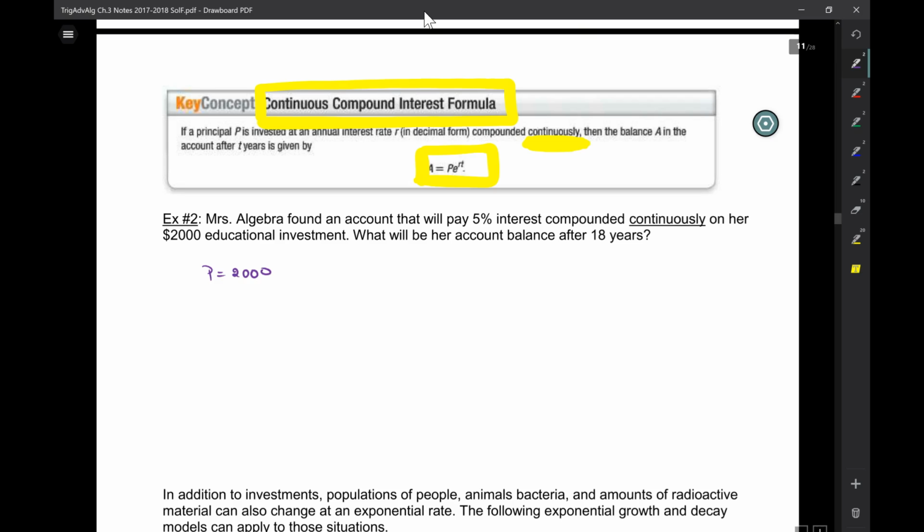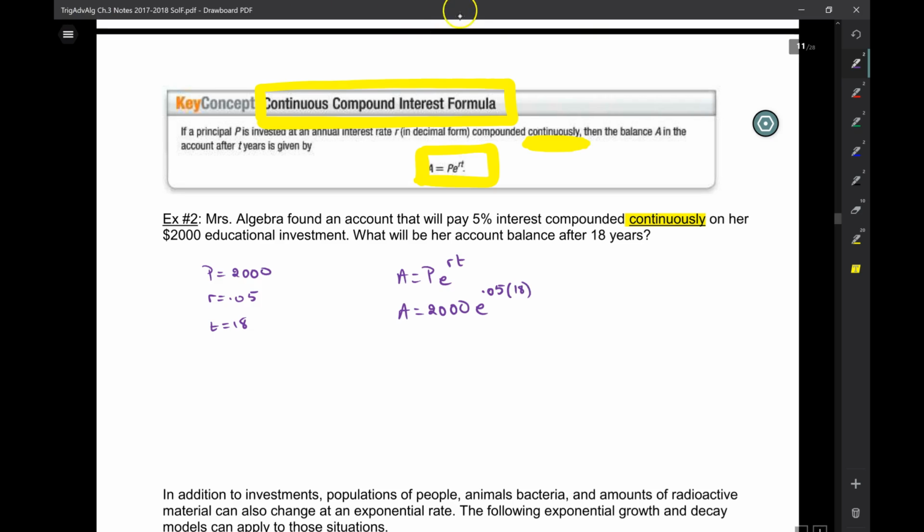It's the same Mrs. Algebra. r is 0.05. Now, look, you see the key word here, continuously. We're going to use A equals Pe to the rt, right? And t is 18. She is going to make so much money. e to the 0.05 times 18.